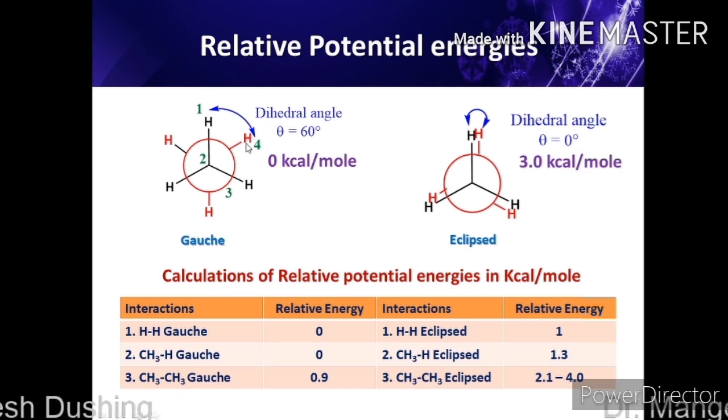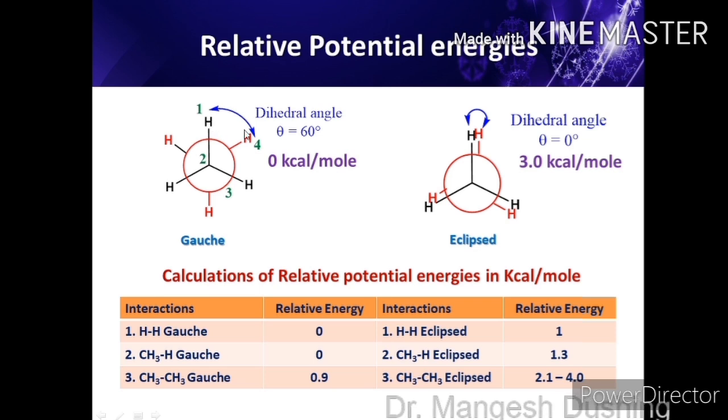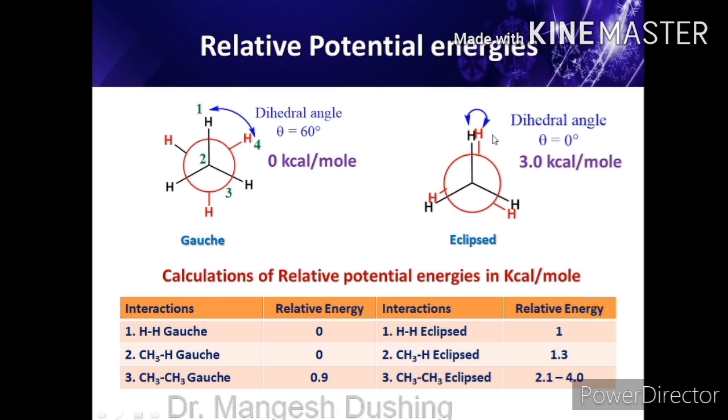If one of the atoms is replaced by CH3, then this is CH3-H gauche, and the relative energy will also be 0 kilocalorie per mole. If both atoms are replaced by methyl groups, making an angle of 60, then torsional strain rises and the relative potential energy will be 0.9 kilocalorie per mole.